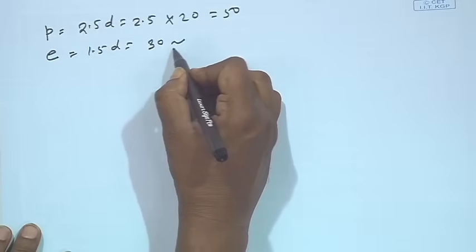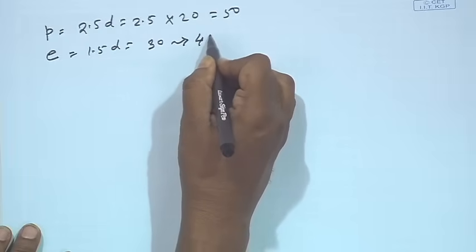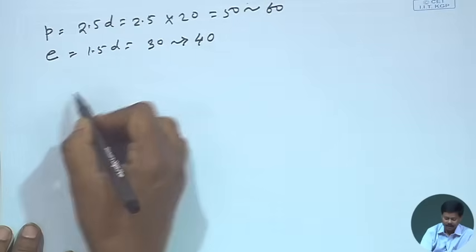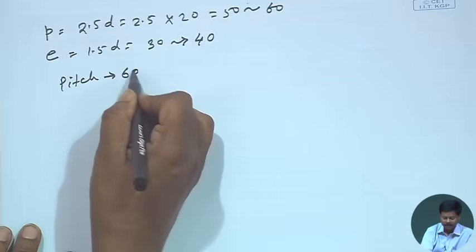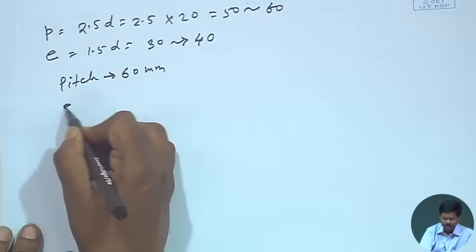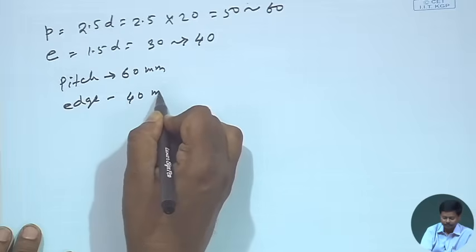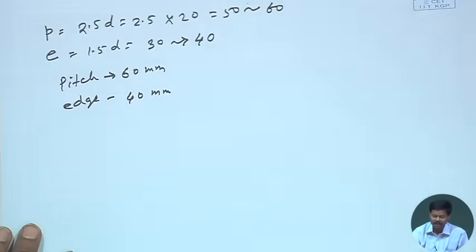However, this is the minimum pitch and edge distance, we can increase it to say 60 mm for pitch and 40 mm for edge. So, finally, pitch distance we are assuming as 60 mm and edge distance as 40 mm, right. So, this is the distribution of pitch and edge.